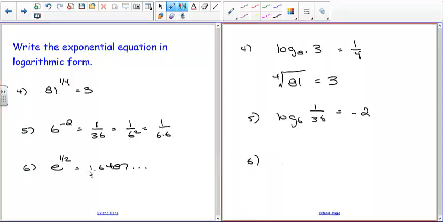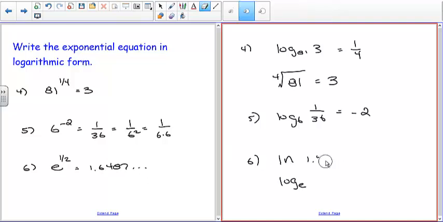Okay. Here we have a base of e, so that's the natural log. You could say log to the base e, or you can just say it's the natural log. This is what you put inside. So it says the natural log of 1.6487 is a half, and you can check that with your calculator, because your calculator has the natural logarithm.